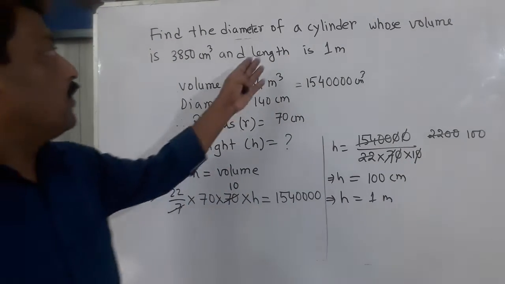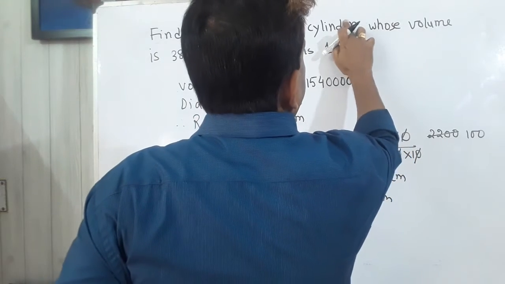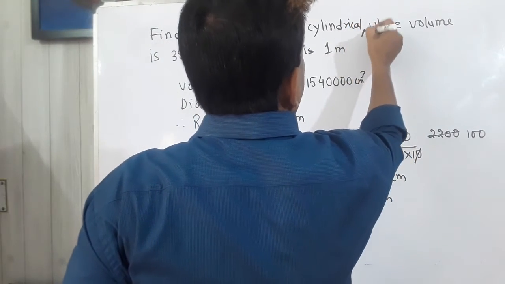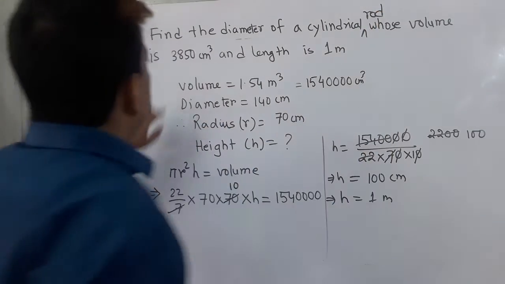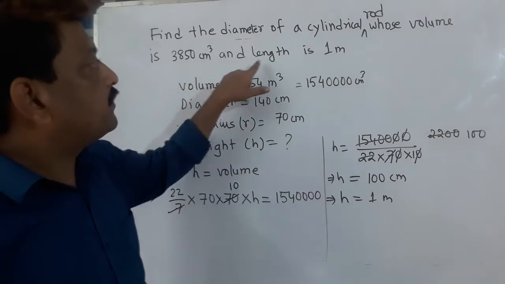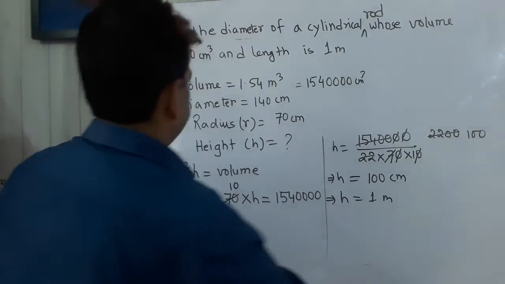That is, it is actually a cylindrical rod whose volume is 3850 centimeter cube and the length of the rod is 1 meter. We have to find the diameter.